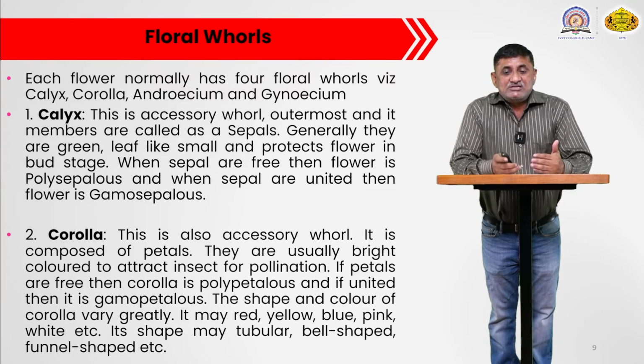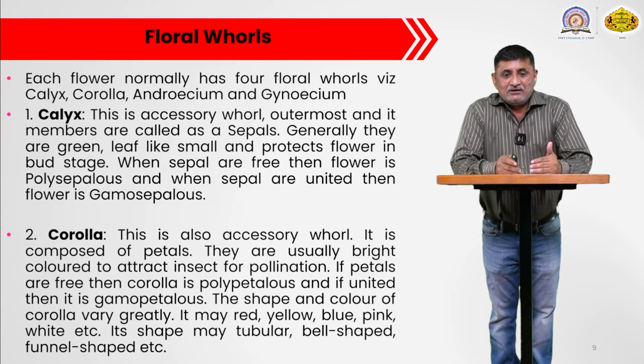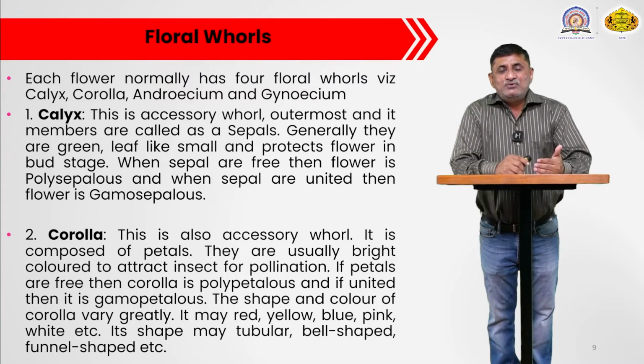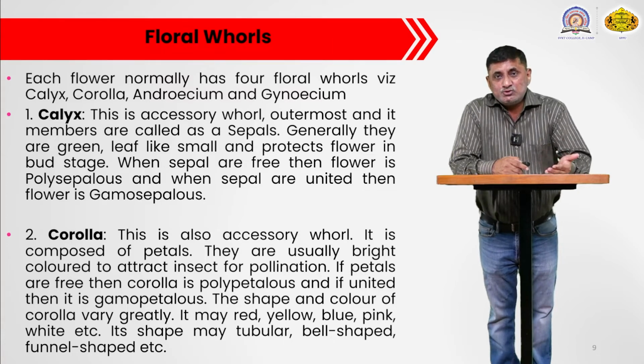There are great shapes, sizes and colors of corolla available. There is a great variation from species to species. We can see different sizes, shapes and structures of corolla. It may be red, yellow, blue, pink, white, etc. Its shape also varies from species to species.